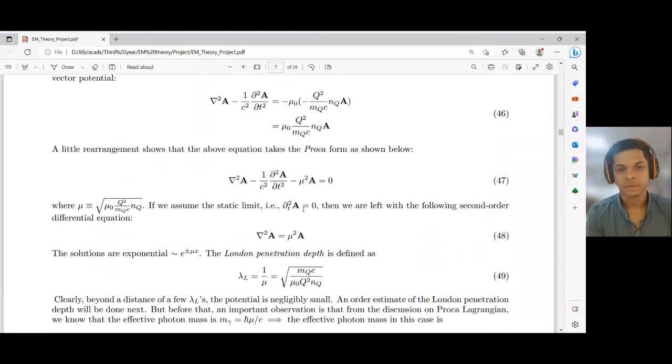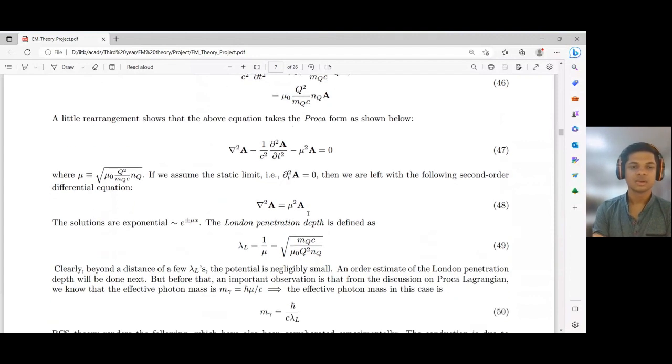Let's take the static limit first. In the static limit, A vector does not change with time, so the second partial derivative of A with respect to t is 0. That leaves us with this equation, nabla square A is equal to mu square A. The solution of this equation is exponential in nature, that is e to the power plus minus mu x.